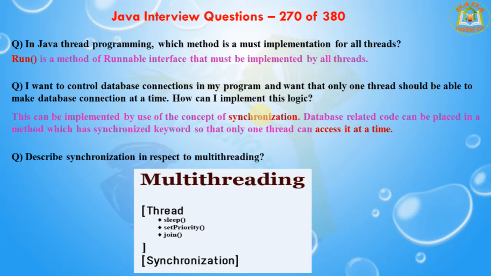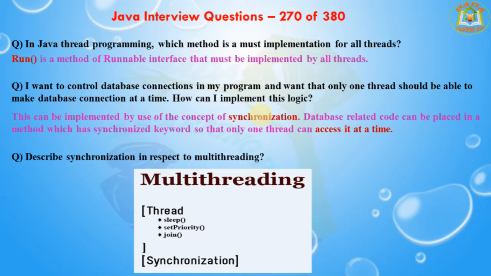The next question is, I want to control the database connections in my program and want that only one thread should be able to make a database connection at a time.